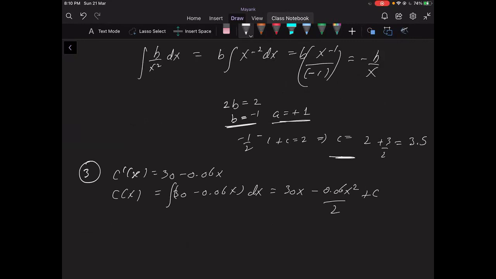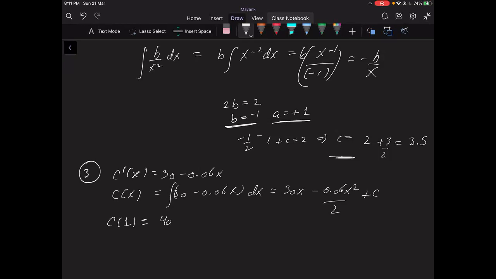Yeah, you have to integrate C prime. And then see, here is indirectly how they are telling you. They're saying cost per unit and x is the unit. So that means cost per unit C(1) is equal to $40.